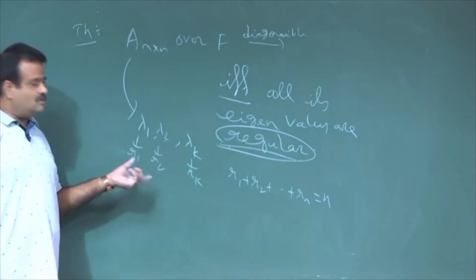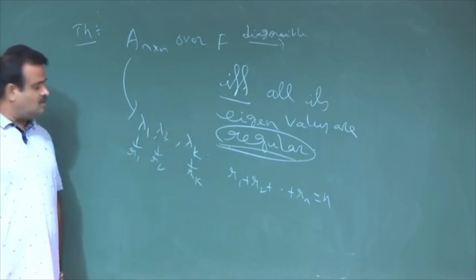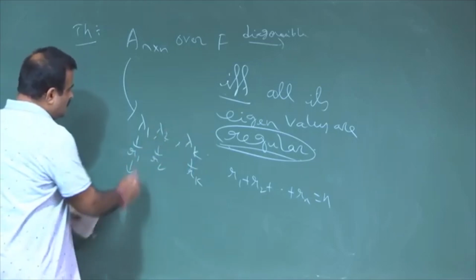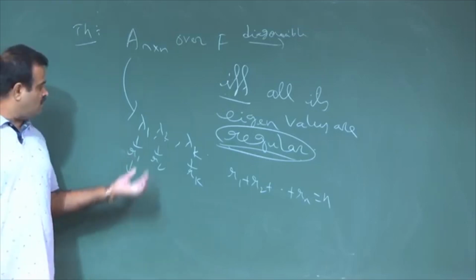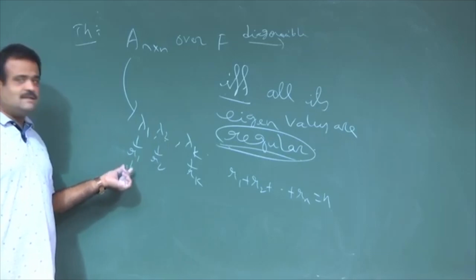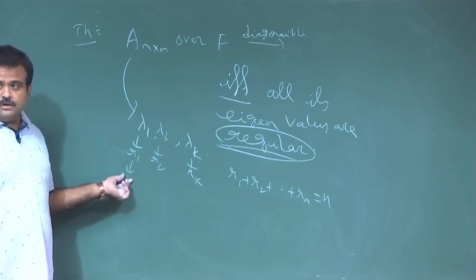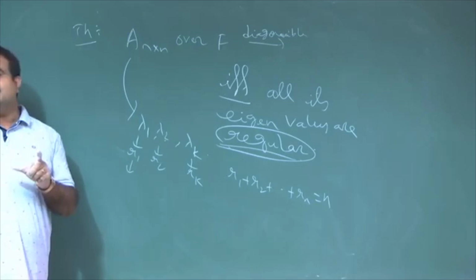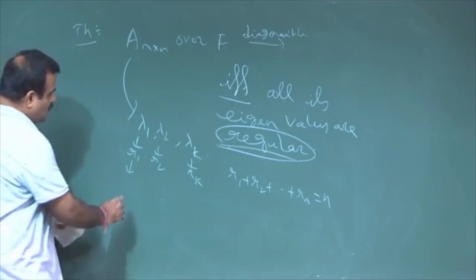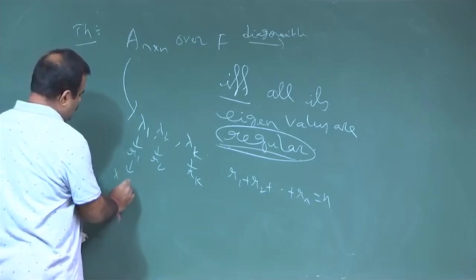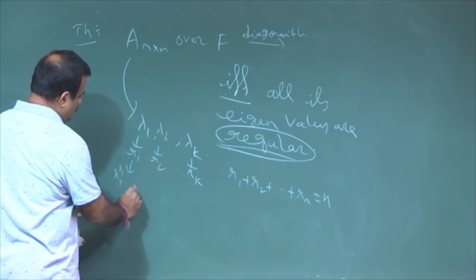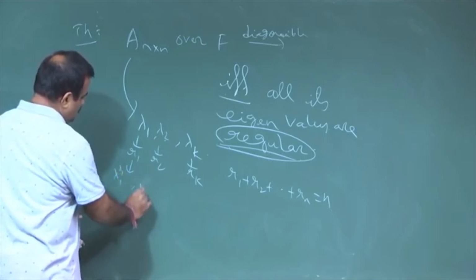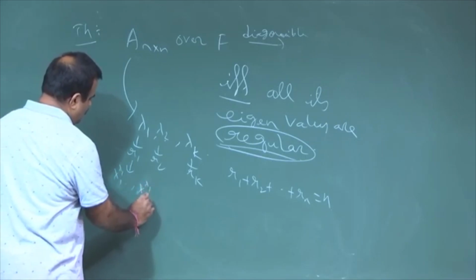Now, regular means the geometric multiplicity is also the same. That means the eigenvector space corresponding to lambda 1 has dimension R 1, so it has R 1 independent vectors. These are x lambda 1 1, x lambda 1 2, up to x lambda 1 R 1, like this.